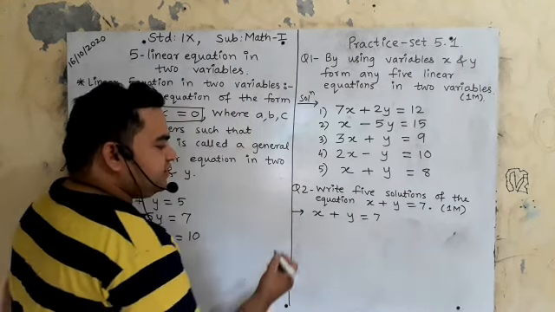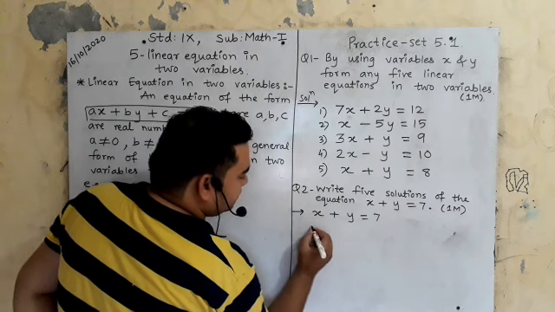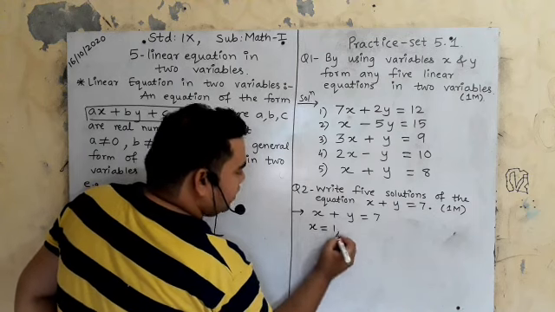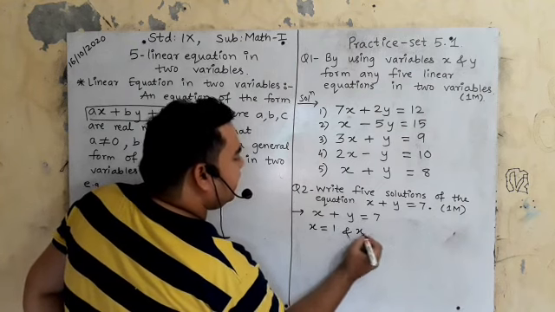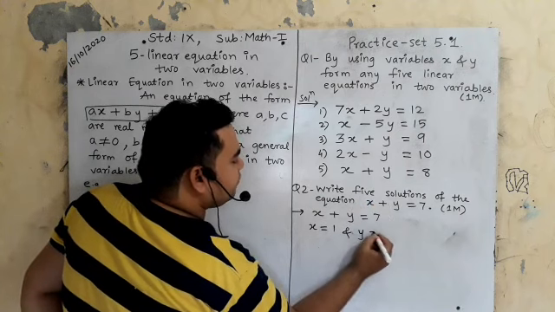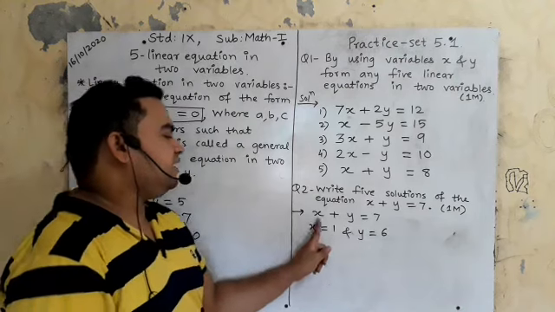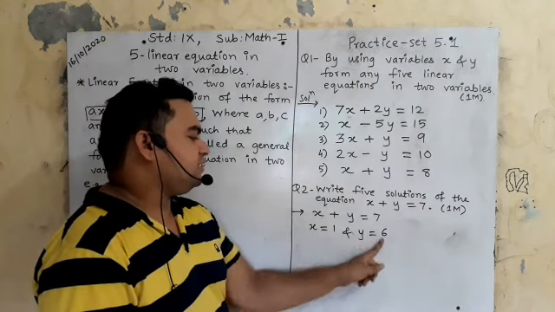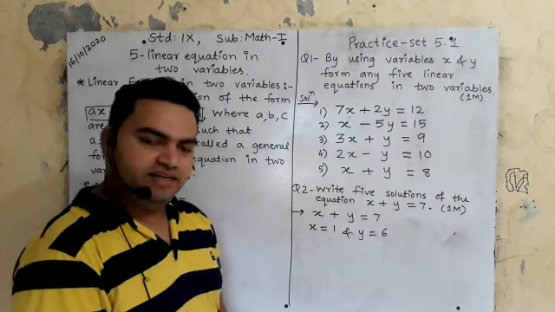See, for example I will write x is equal to 1 and y is equal to 6. Is it clear? If you take x is equal to 1 plus y is equal to 6, the answer will be 7, right?